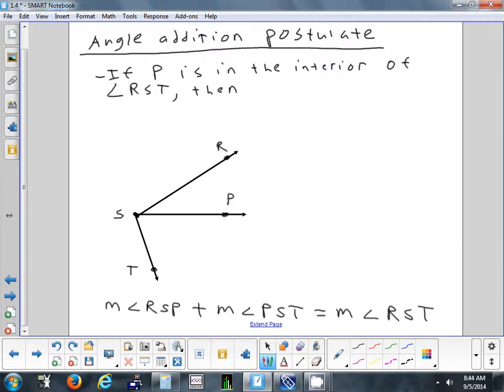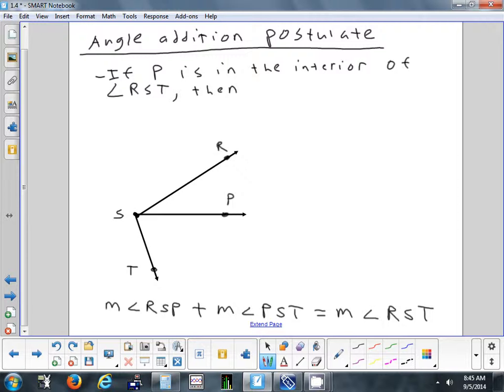Okay? So that's one hint. And then another hint is you're adding two angles together and it's equal to a third angle. Well, the only way that can happen is if those angles in the angle addition postulate share a side. Notice this angle has an S and a P in it. This angle has an S and a P in it.